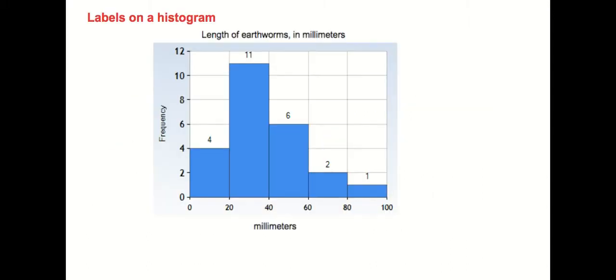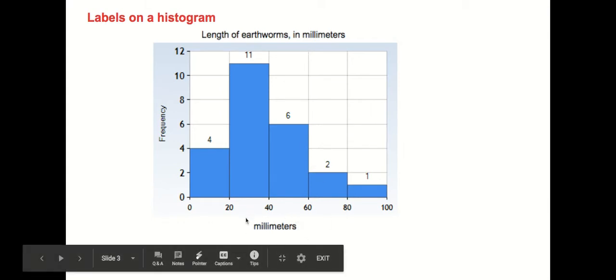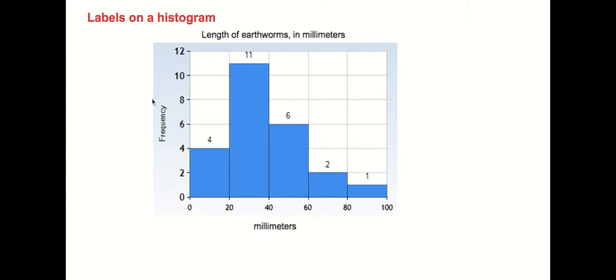First, I'd like to point out the labels on the histogram. Across the top here, you see it's about the length of earthworms in millimeters. Here underneath, you have the measures, they're millimeters. And here you have frequency, which is the number of earthworms in each of these size ranges.